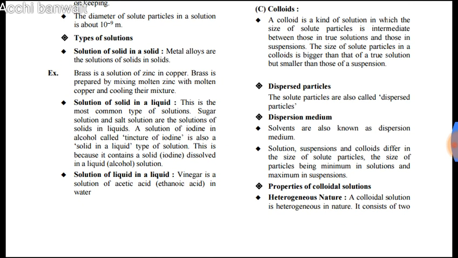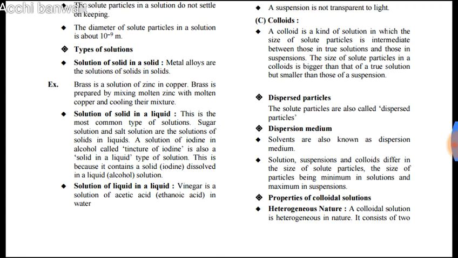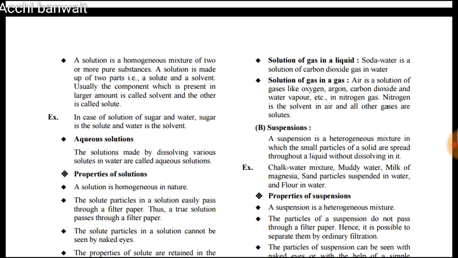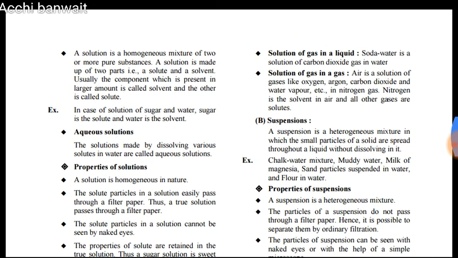Next is solution of liquid in a liquid. So this is vinegar, a solution of acetic acid in water. So both are liquids. Next is solution of gas in a liquid. Soda water is solution of carbon dioxide gas in water. Because you know that in soda water or any other cold drink there is presence of gas.